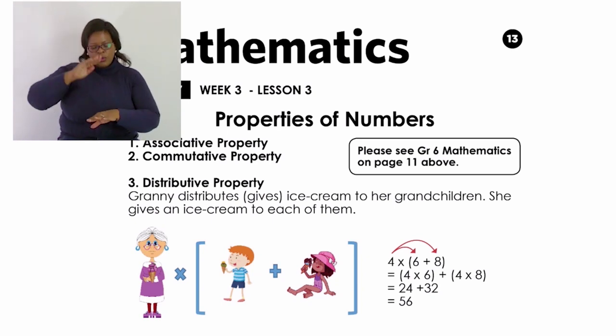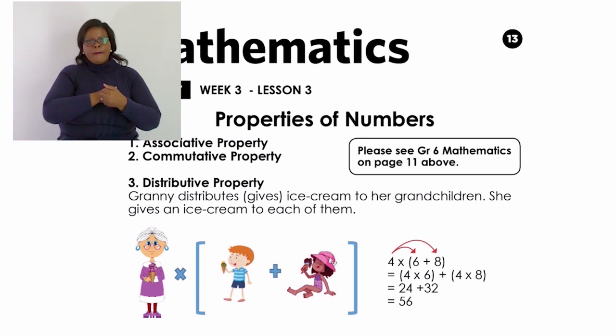Granny distributes, or let's say gives ice cream to her grandchildren. She gives an ice cream to each of them. Now if you look at the pictures, you can see the granny there. She's giving some ice creams to the children. There are 2 inside the brackets. So in a mathematical way, that can also be explained using that example which is there: 4 times (6 plus 8).